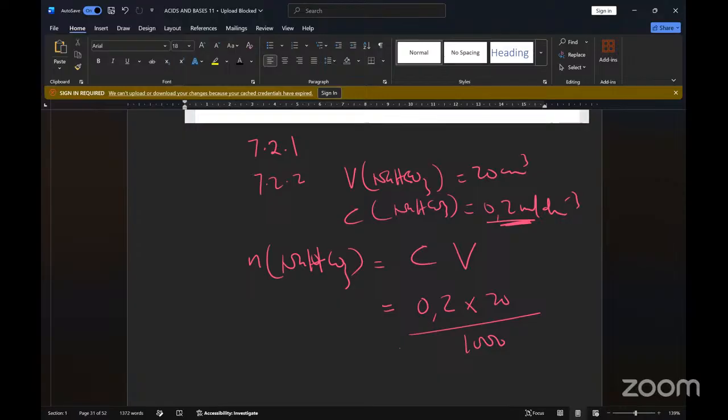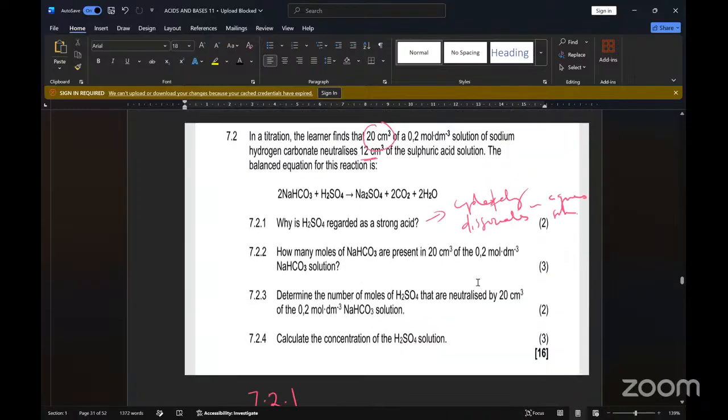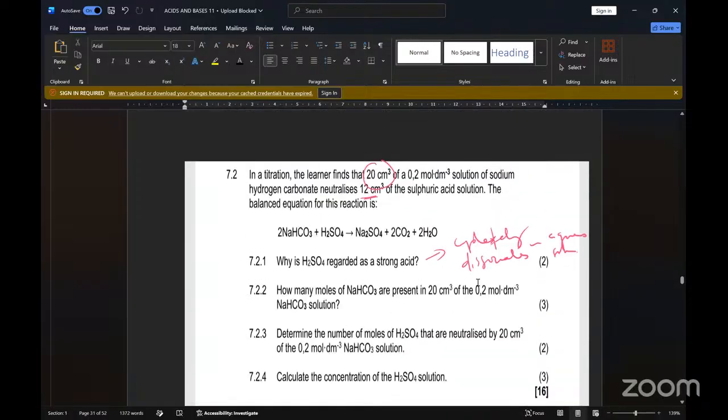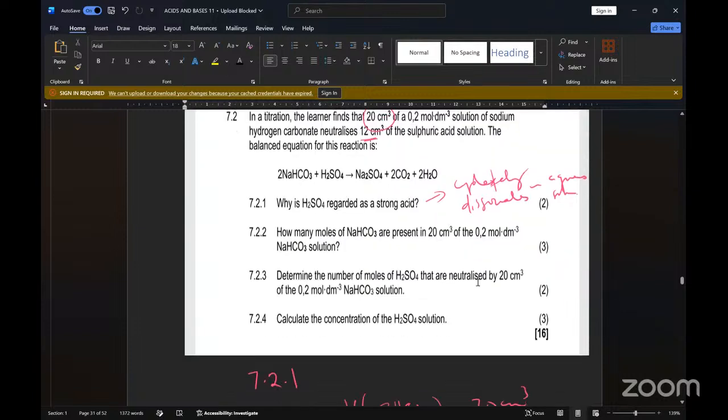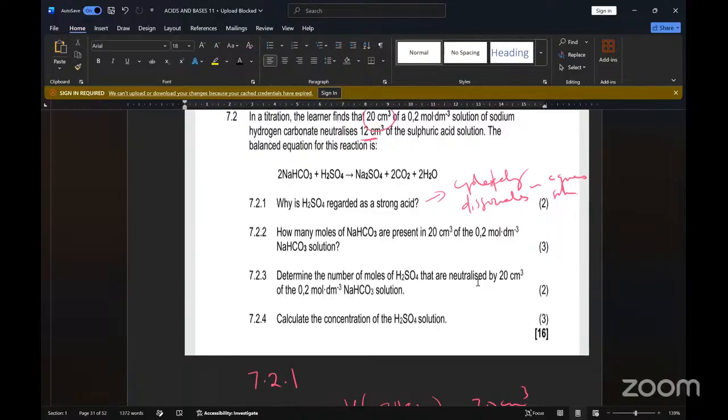And this one is going to be 0.0004 mole. That's the number of moles, three zeros before the 4, in 20 centimeters cube. So that is the second question that we have answered.